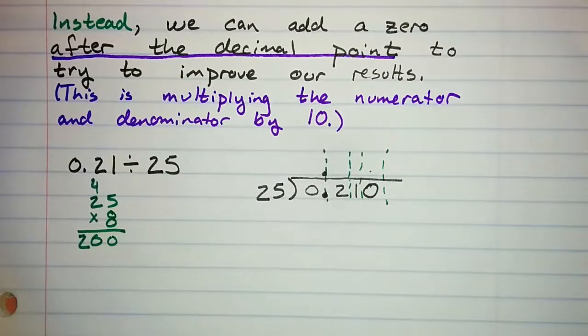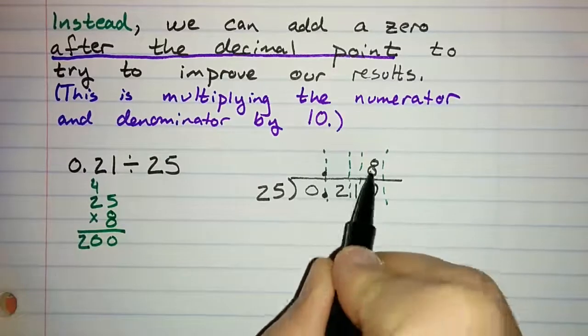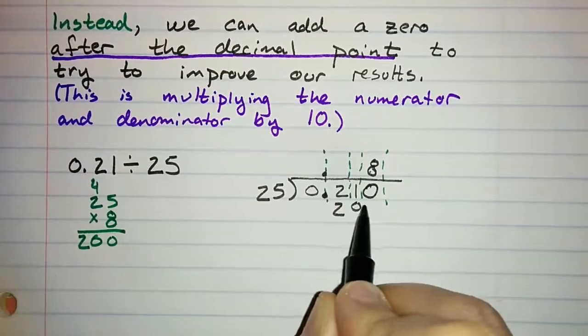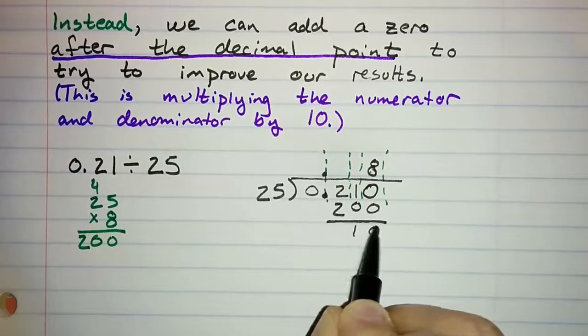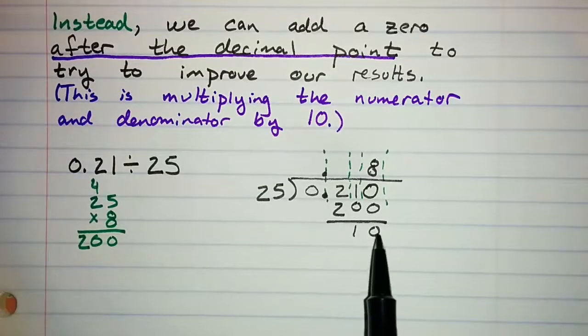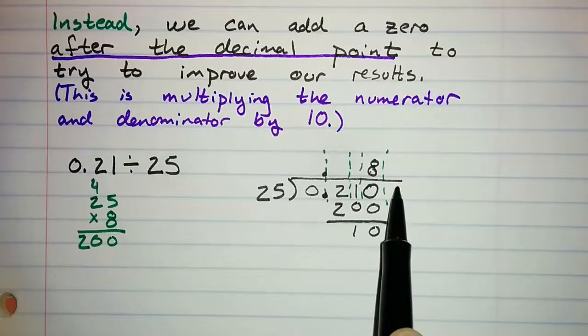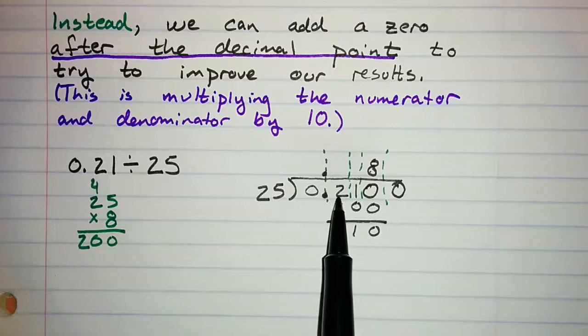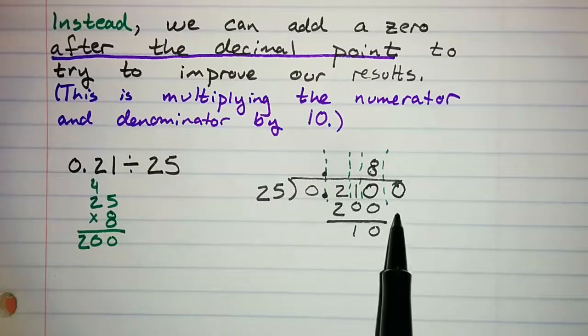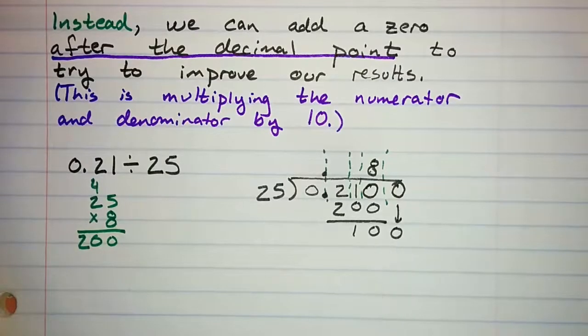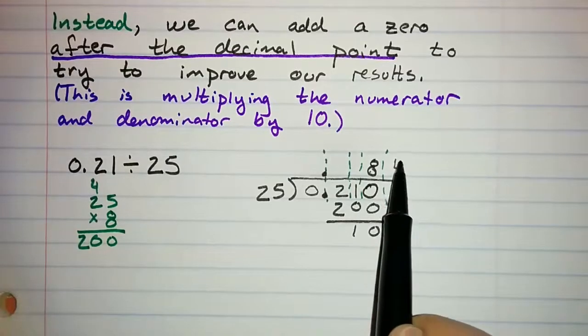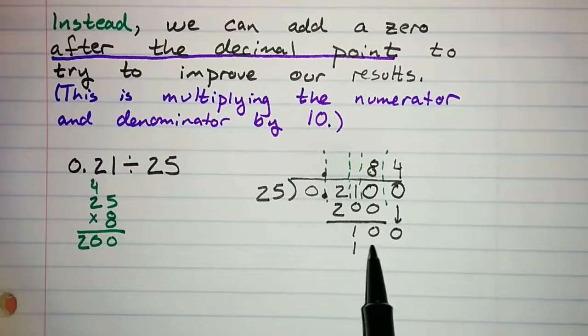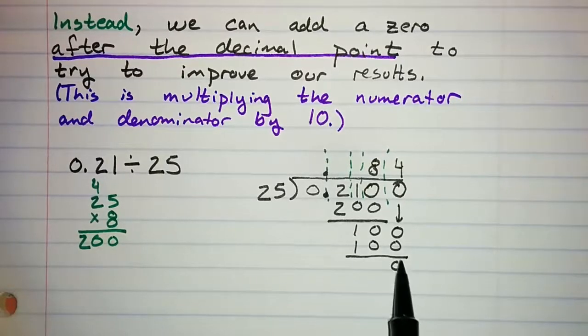So yes, 8 times, because 8 times 25 is 200. I still have something left over, namely this 10. So I can add yet another 0. I now have 2100 over a 1 followed by 4 zeros. Bring down this 0. I know 25 goes into 100 4 times, because 4 times 25 is 100.